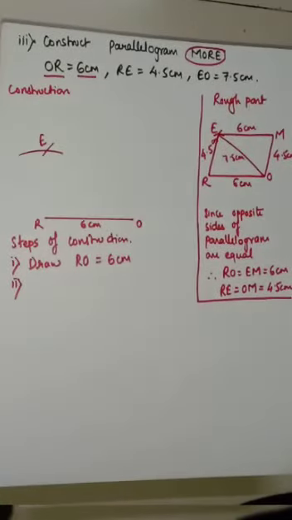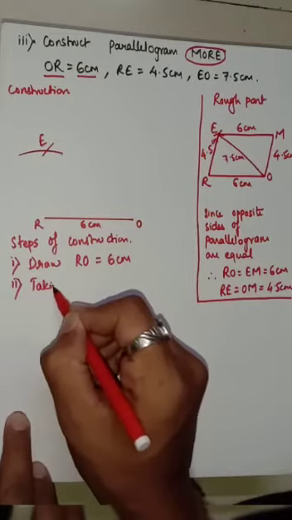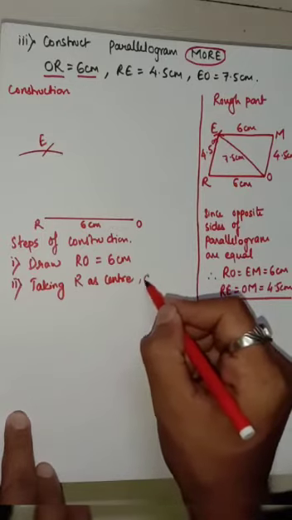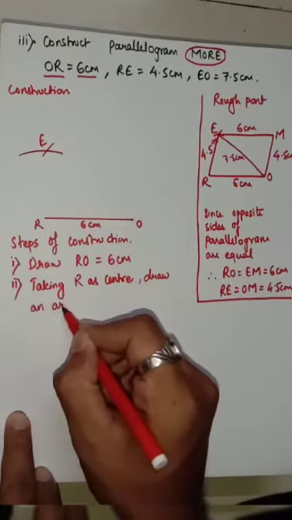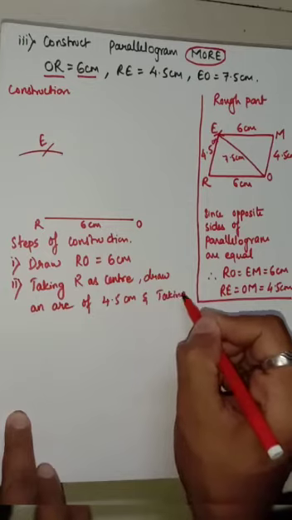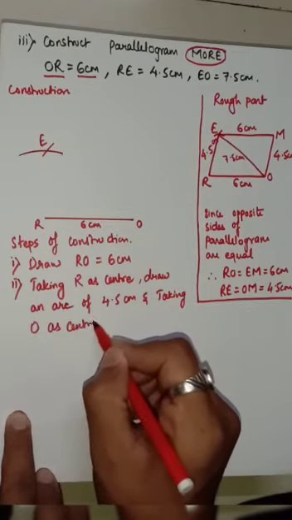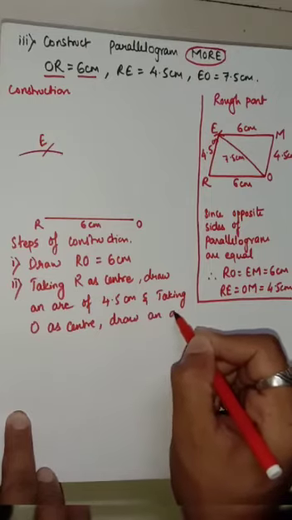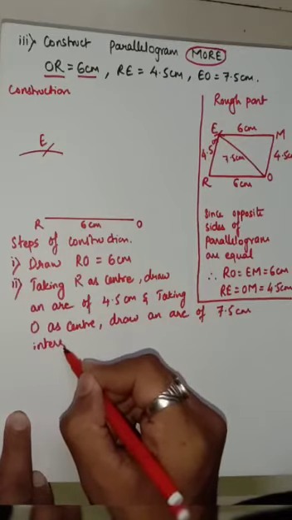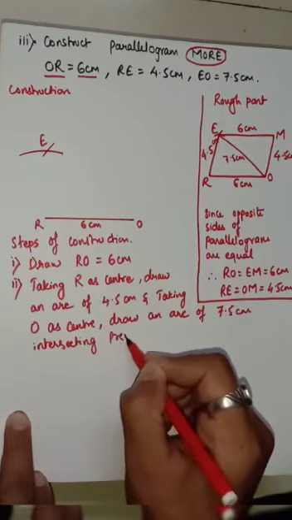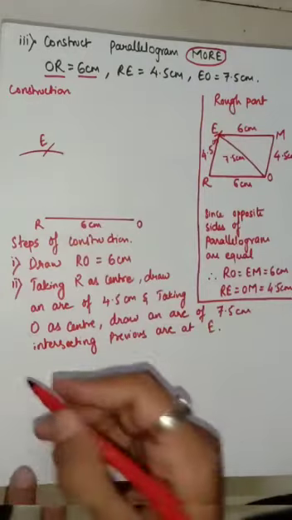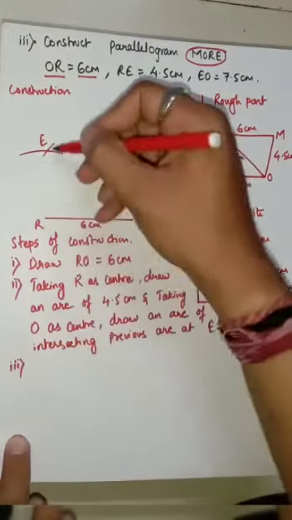So steps will be: taking R as center, draw an arc of 4.5 centimeter, and taking O as center, draw an arc of 7.5 centimeter intersecting the previous arc at E. This point is E. Then what we used to do, we have to join RE and OE.